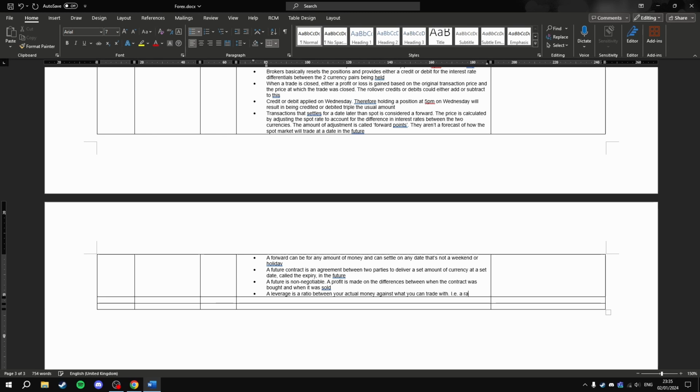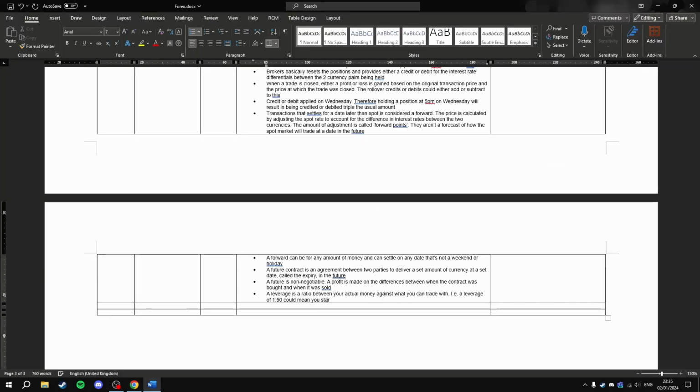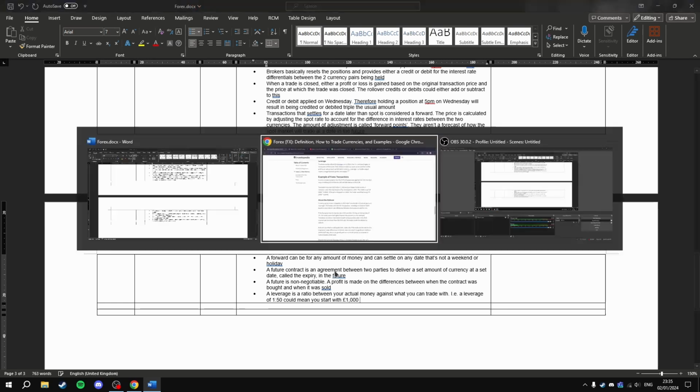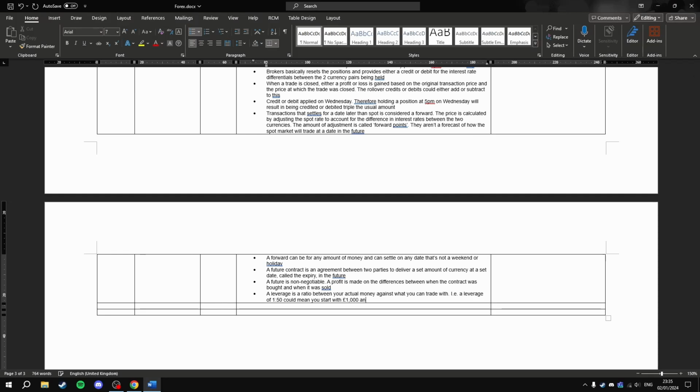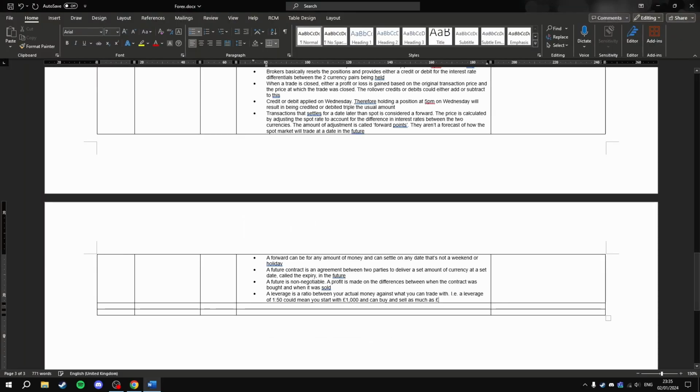A leverage of 1 to 50 could mean you start with £1,000 and can buy and sell as much as £50,000.